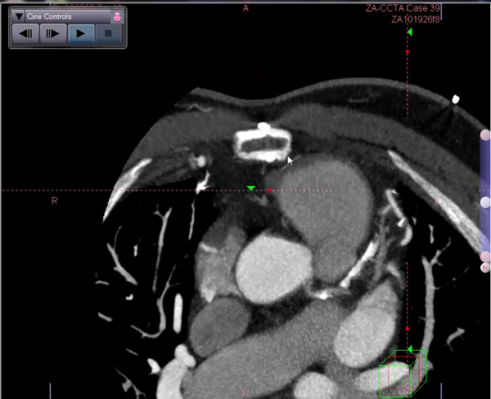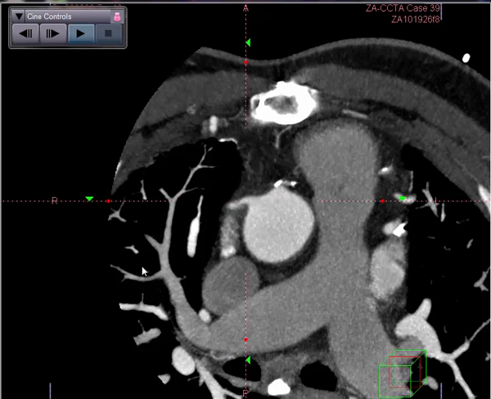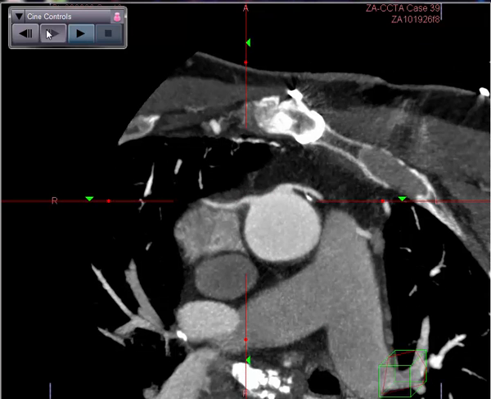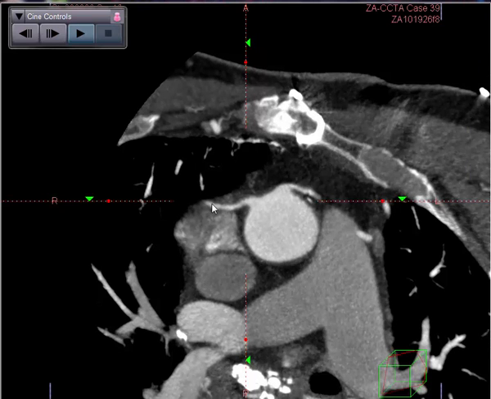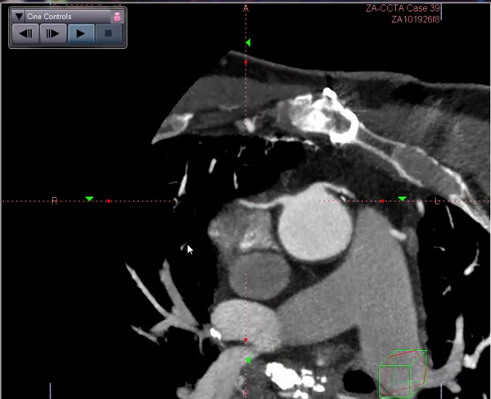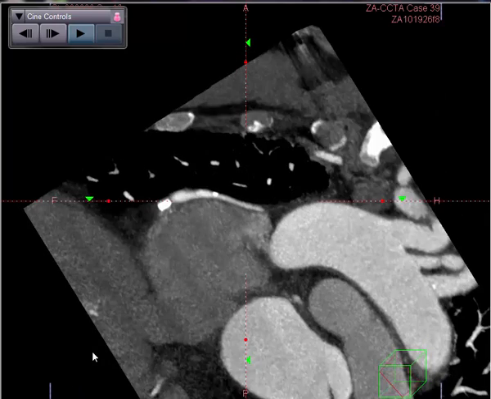Let's look at the right graft finally. This is coming off here to the side. We can take a better look at this. Let's see if other phases will help a little bit. I think that the origin of this is probably adequate, sufficient. Let's rotate around, follow that graft. Now it becomes much larger as we go down further.